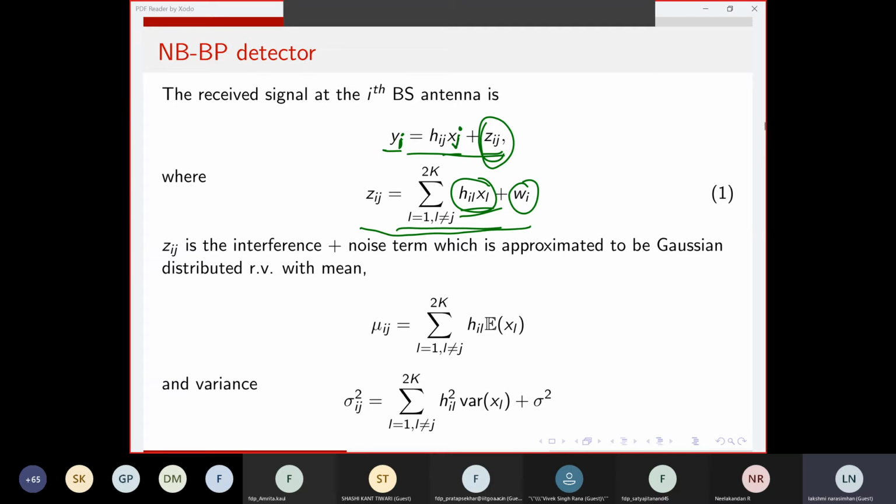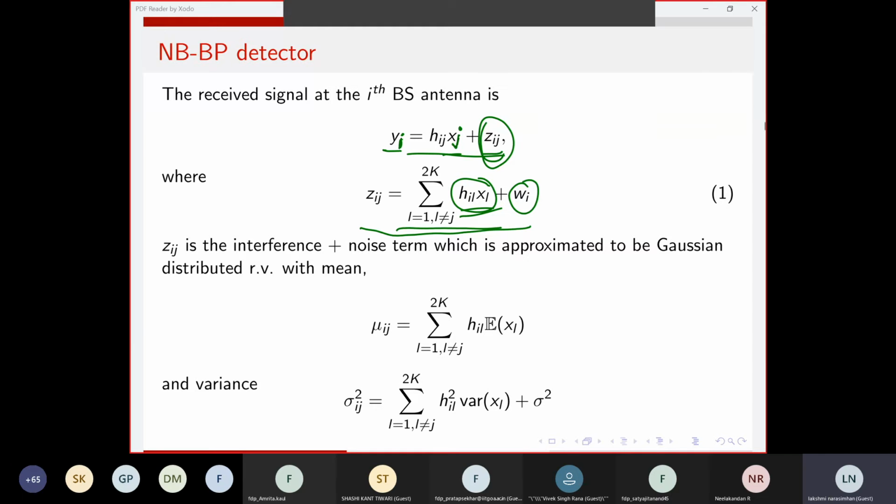This helps us reduce the complexity of computing the message. Otherwise, computing the message, which is the likelihood for each of these variable nodes, is going to be really high. So we use this property of the central limit theorem, which comes due to the dimension of massive MIMO systems, and approximate this as a Gaussian distributed random variable.